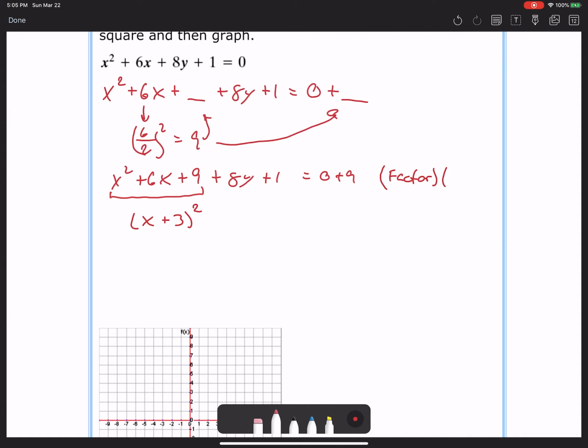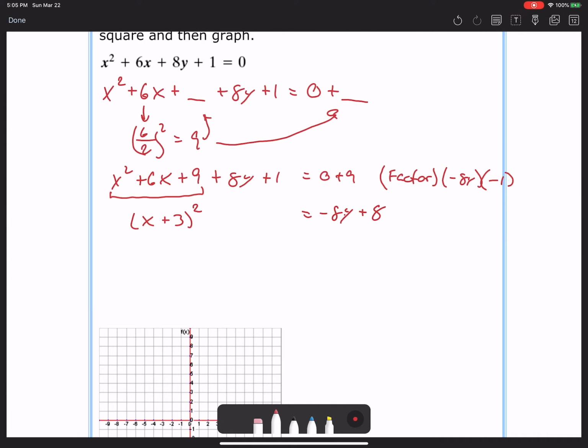But typically what I put over here is something that I'm going to do to both sides of my equation. I'm going to subtract 8y from both sides of my equation, and I'm going to subtract 1 from both sides of my equation in order to get rid of the 8y plus 1. When we do that, we end up with a negative 8y on the right-hand side, and 9 minus 1 on the right-hand side leaves us with a positive 8.